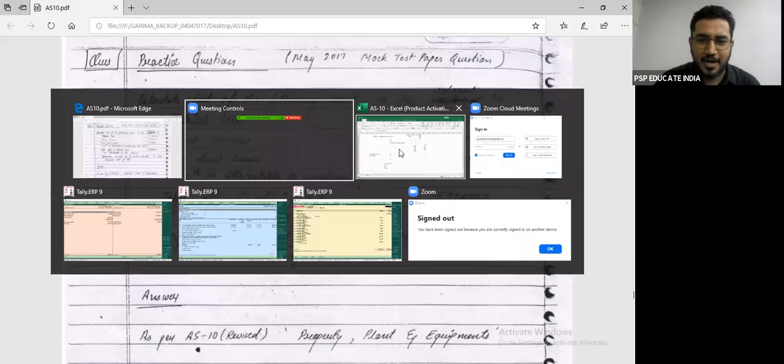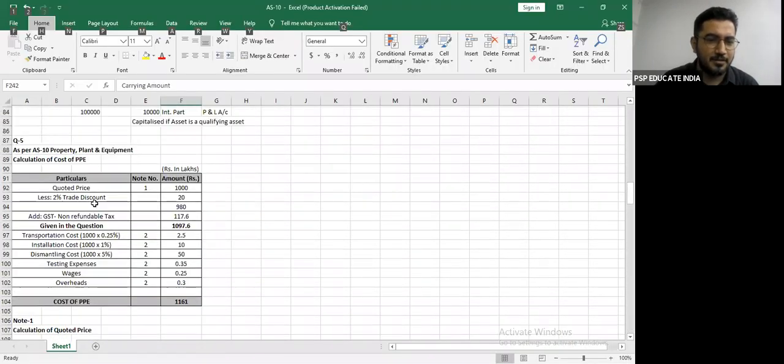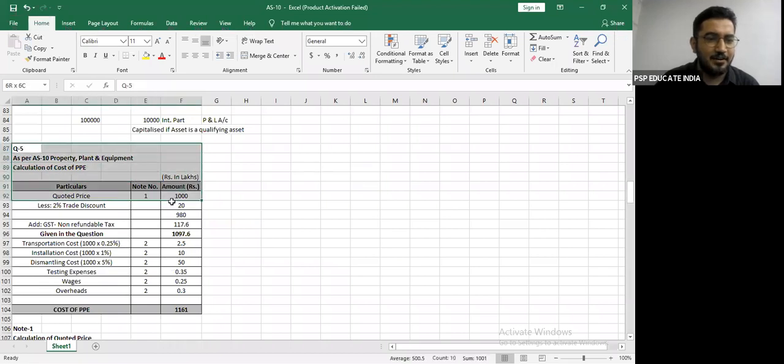You have a practice question, which is a mock test paper question. So put your first statement as per accounting standard 10, property, plant and equipment.